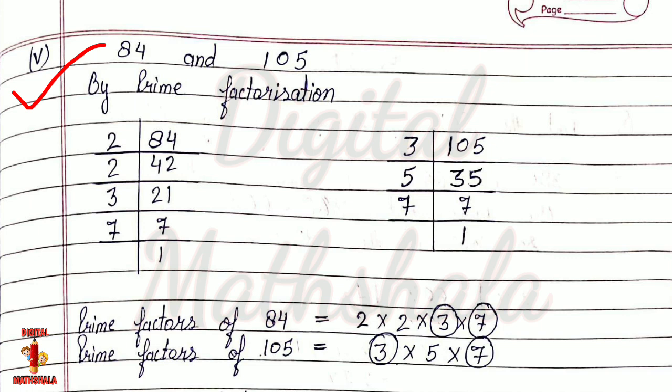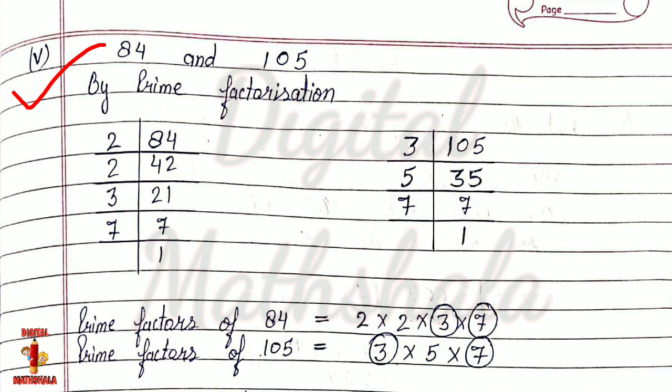As you can see, 7 is a prime number, so it will divide by 7 only. So the factors of 84 are 2 multiply 2 multiply 3 multiply 7, and in the same manner we will find the factors of 105.